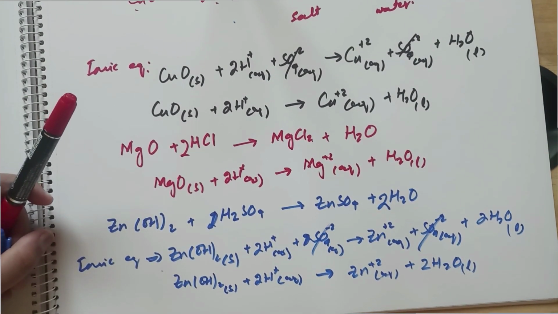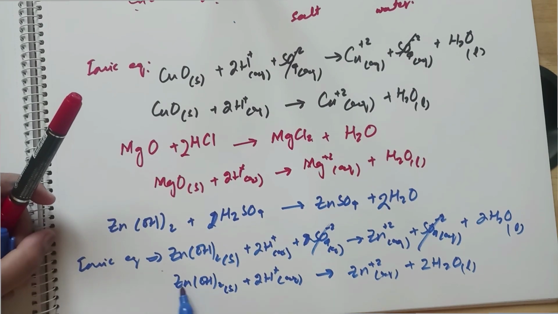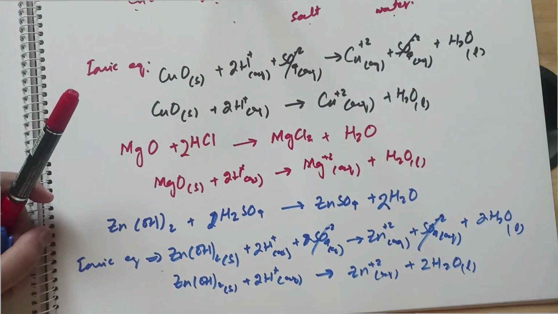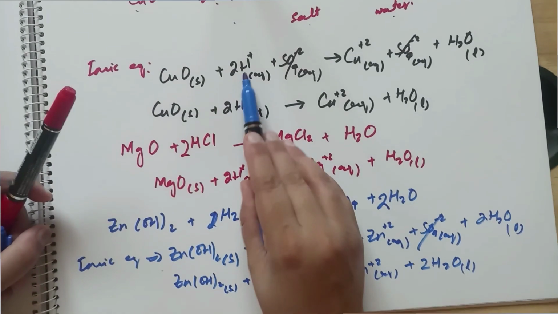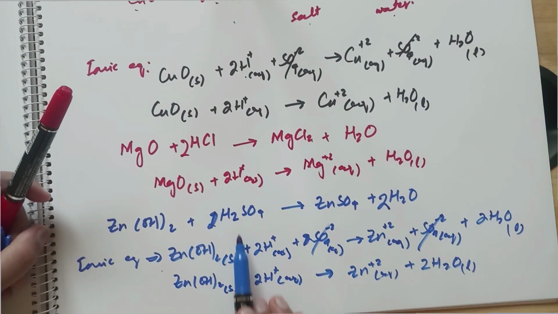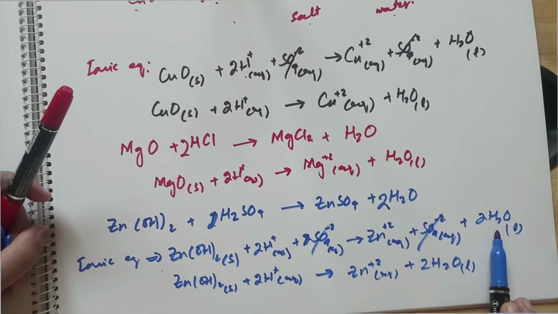Is it clear? And for a better understanding of the formation of the ionic equation, please go to my previous lesson, you will understand it more clearly. So this reaction, again, is a neutralization reaction because 2 neutral compounds are formed, salt and water, both are neutral compounds, and the hydrogen ion reacts with the oxygen, or hydrogen ion reacts with hydroxyl ion to form water.